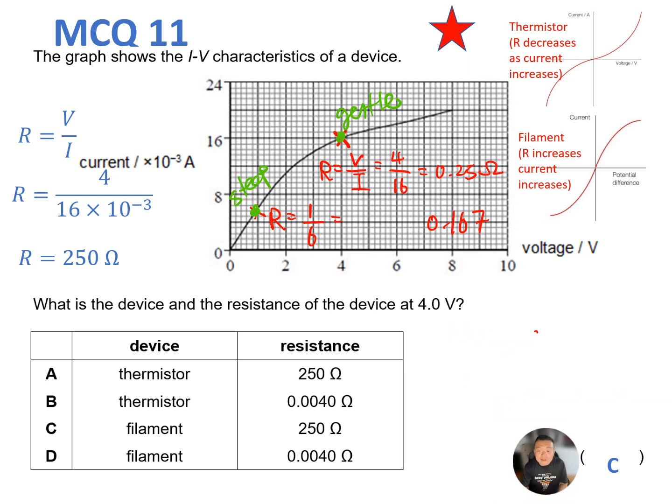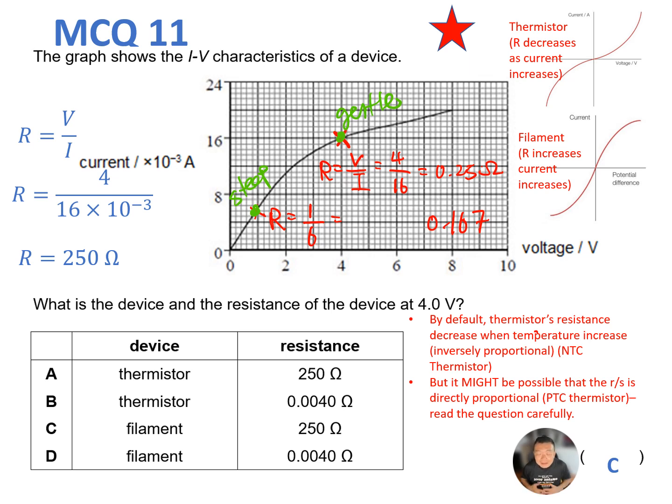And one more extra thing to share with everyone. In O-level, whenever you see a thermistor, we always take this relationship to be true, and that is the thermistor resistance will decrease when temperature increases, when the current increases, like what I've written over here. So this is by default, and I just want you to know that the reverse might happen also.